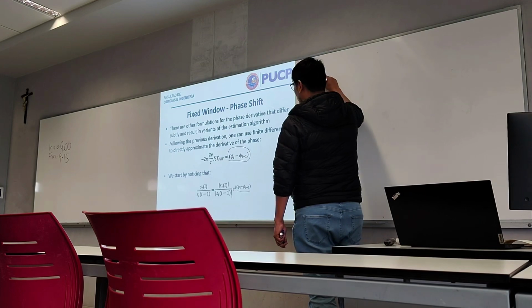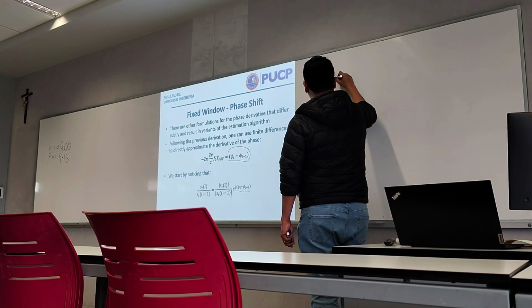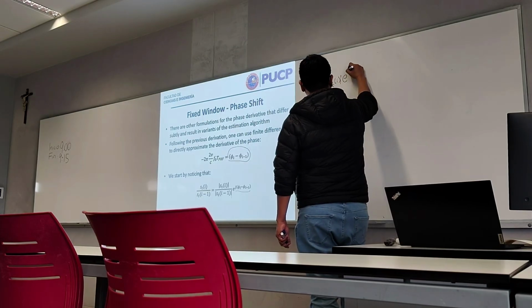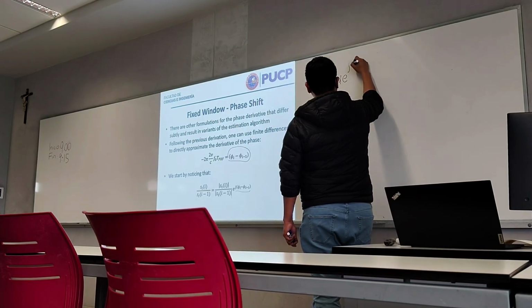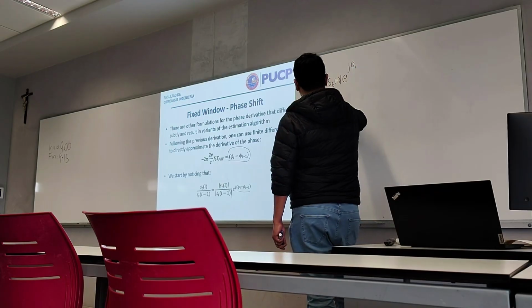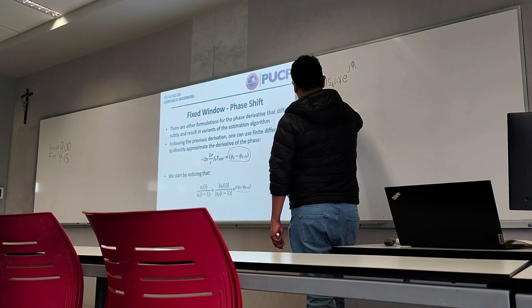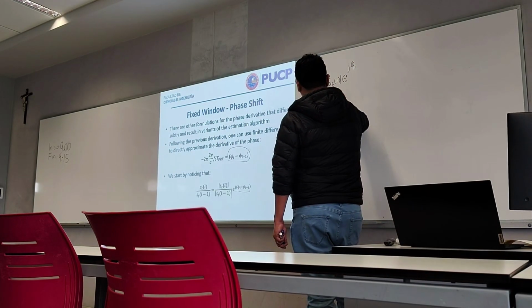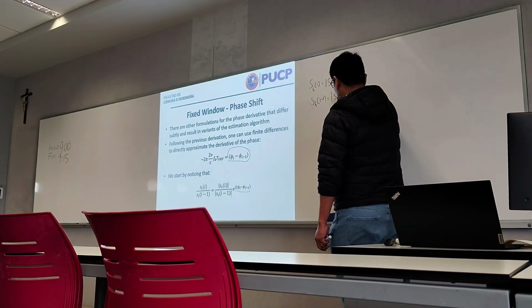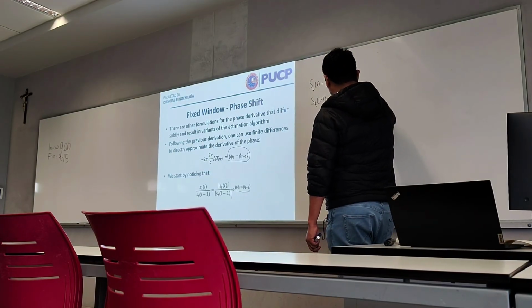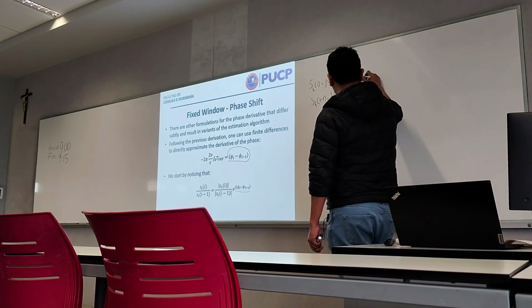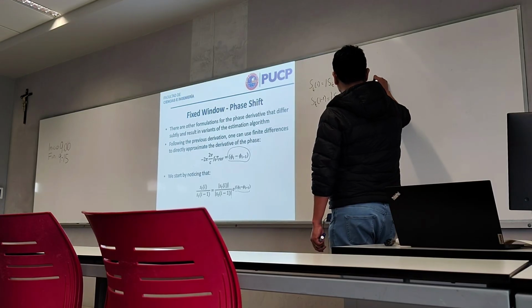SI is the absolute value, magnitude, A, J, phi. And the same, but in previous instant, or previous pulse, is the magnitude in the previous pulse, J, the phase in the previous pulse.